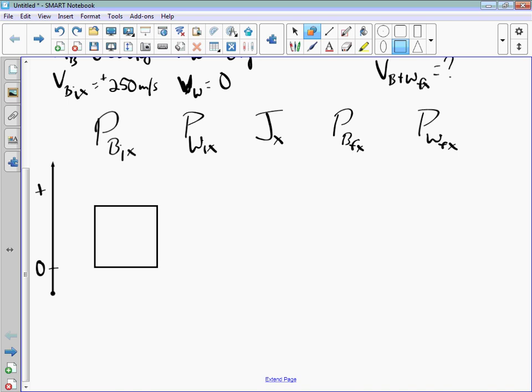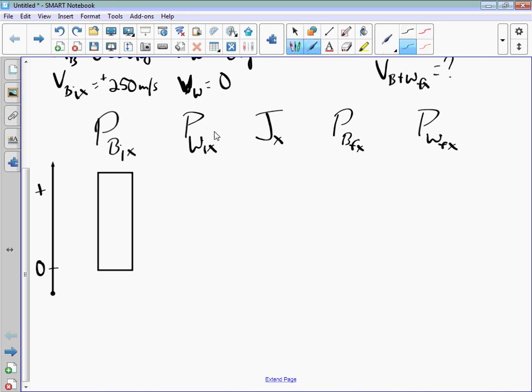I want it to be more of a rectangle. My bad. Let's say the bullet's got a lot of momentum. It's moving pretty fast. The wood block has no momentum at all. Because there are no forces outside of our system, there is no impulse in this situation.